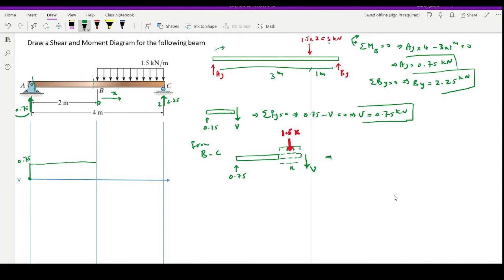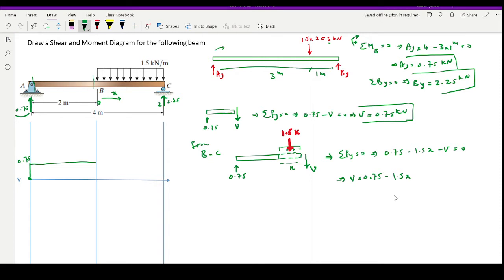Now from here, I can say, again, by writing sigma Fy is 0, that 0.75 minus 1.5x minus V is 0. Therefore, V is 0.75 minus 1.5x.